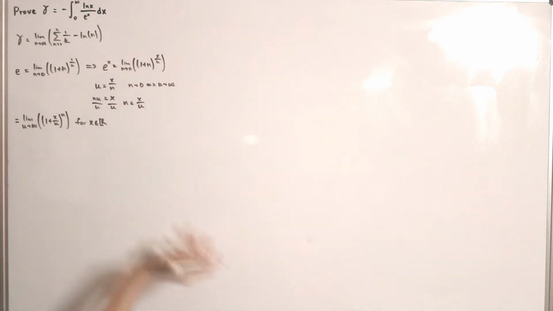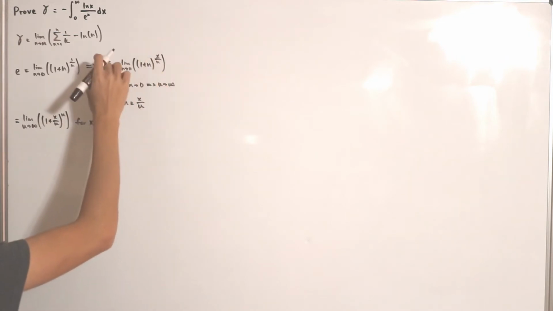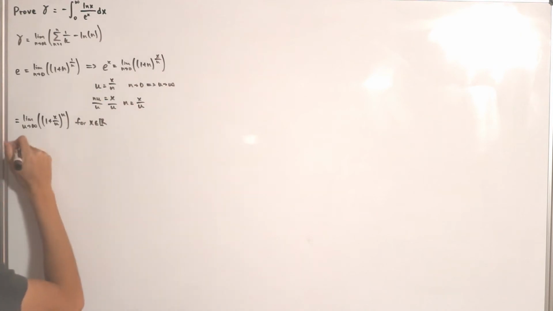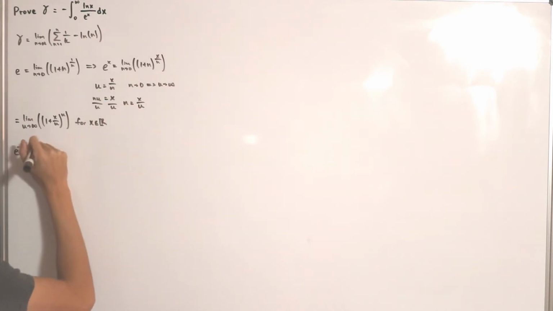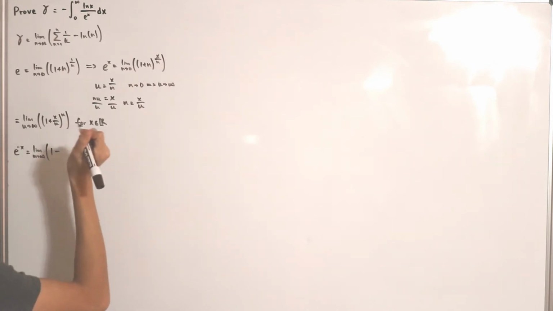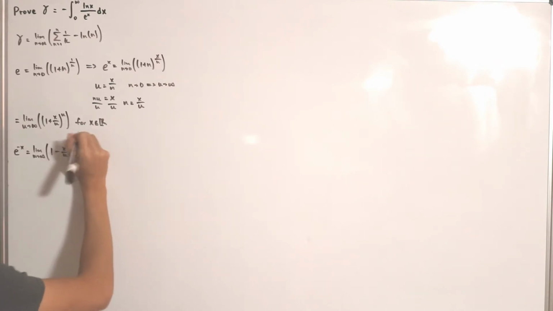Using our same definition in terms of e and e to the x, we can just multiply the negative x for the power and then distribute. So the same thing applies. This would also have to say e to the negative x is equal to the limit as u approaches infinity of 1 minus x divided by u, and then raised to the u.